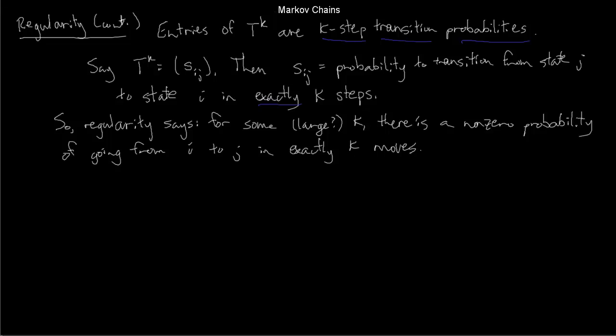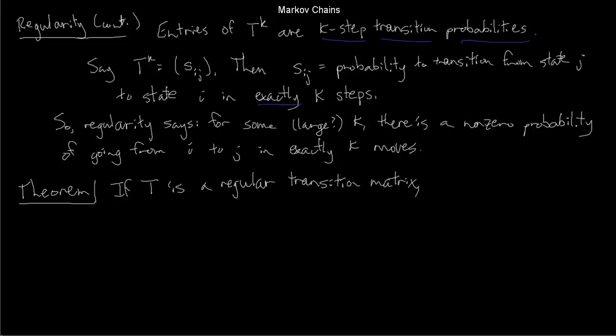Now, the big theorem about these Markov chains is that this condition, which is not especially strict, guarantees convergence of the Markov chains. So if T is a regular transition matrix, meaning some power of it has all positive entries, then if you look at the one eigenspace of your matrix, well, what is a one eigenvector?